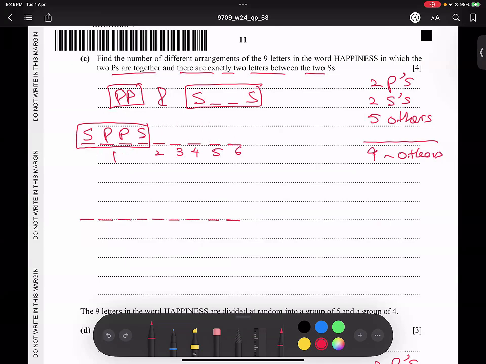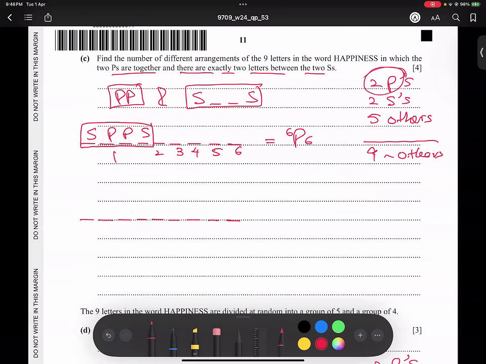I hope you got the point. If you want an example, the box can move like this, like this, like this. So this box can shuffle, will stay as it is, and we have 6 options. So what is the answer for it? 6P6 or 6 factorial. Make sure there are no repeating letters.